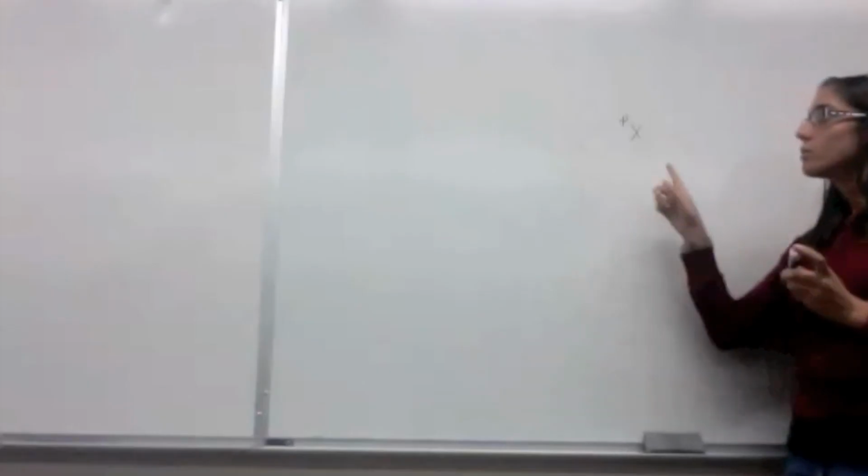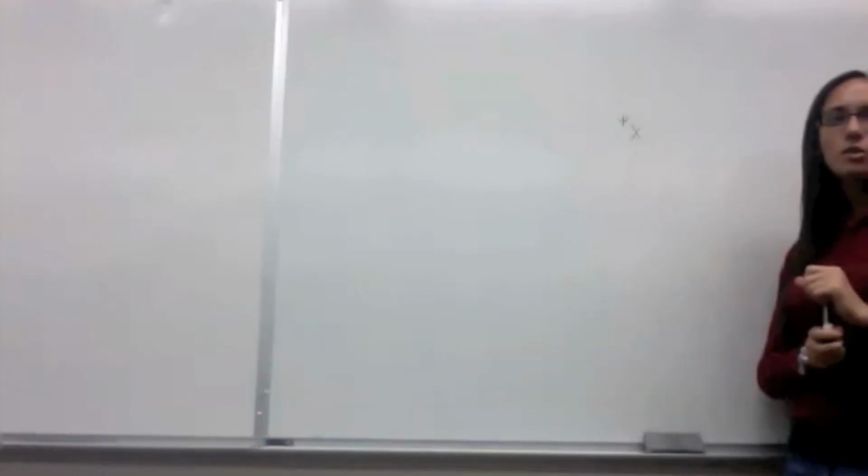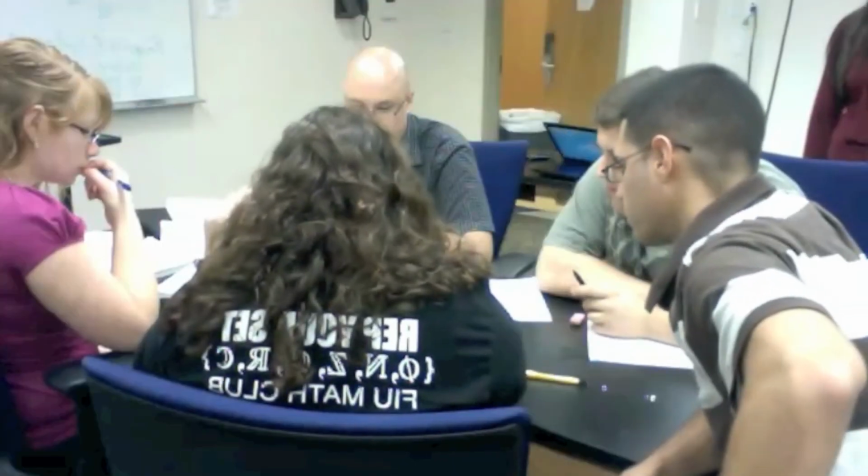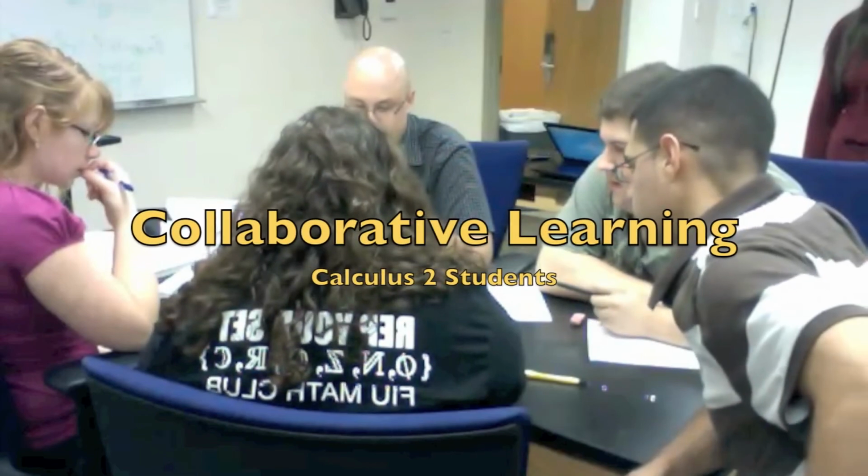If I were to ask you to differentiate this, what's the derivative of x to the fourth? 4x to the third. And why? Because there's a rule where x to the r is r times x to the power r minus 1.